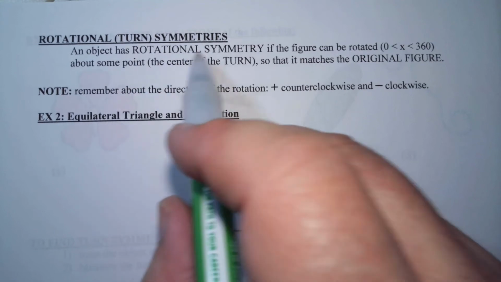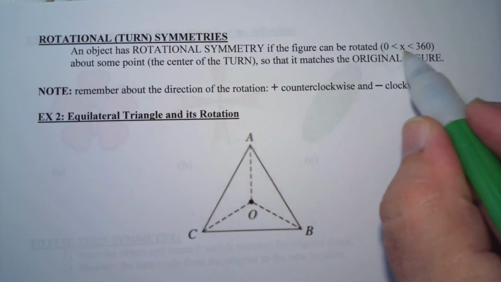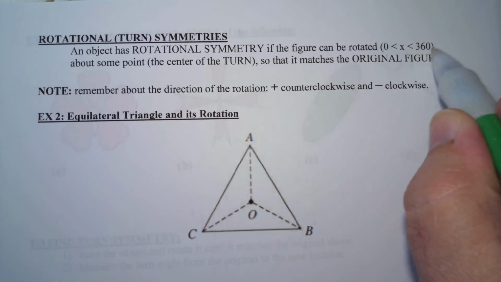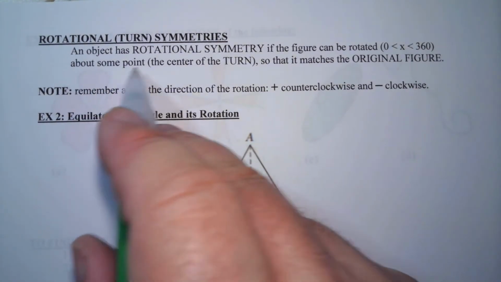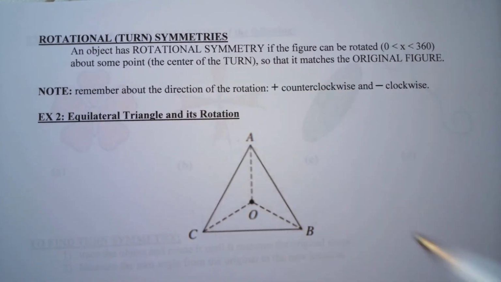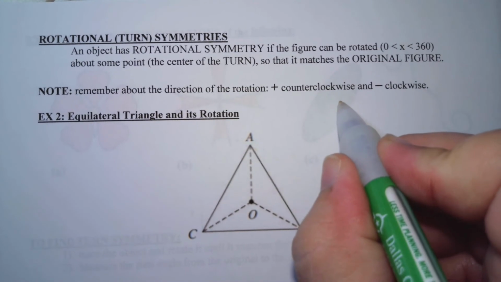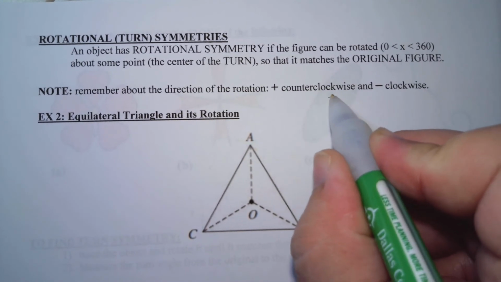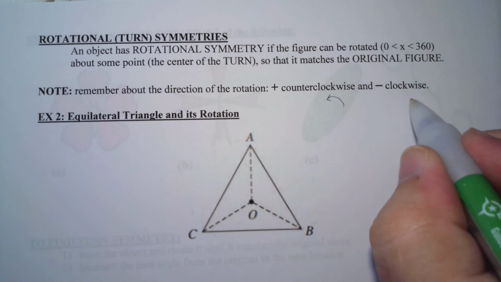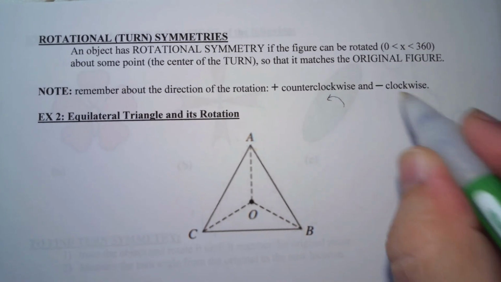An object has rotational symmetry if the figure can be rotated between 0 and 360 degrees about some center point so that it matches the original figure. Remember the direction of the turn: if you go counterclockwise, it's a positive rotation. If we go clockwise, it's a negative rotation.